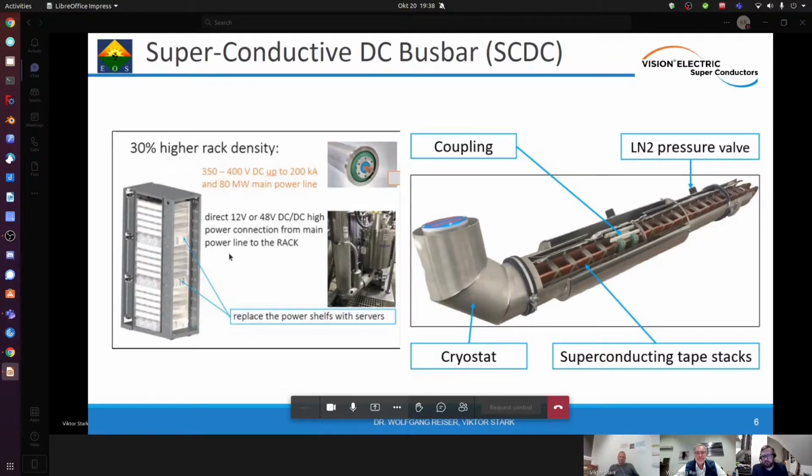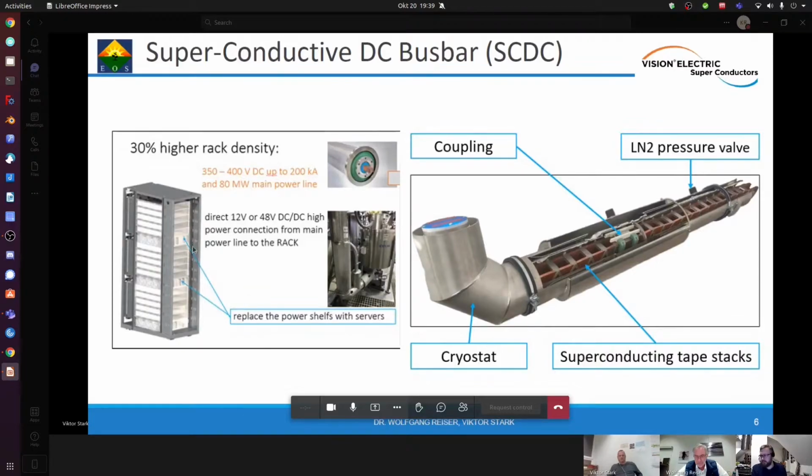And this also means that if you have a tap-off box with only one DC conversion step, where you can feed all the servers, you do not need the power shelves within the servers. You can replace the power shelves and put servers in there directly. And this is also a huge advantage. You normally have 2 or 3 power shelves, and that means just a 30% higher rack density.